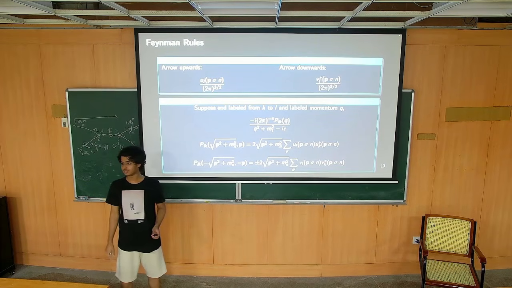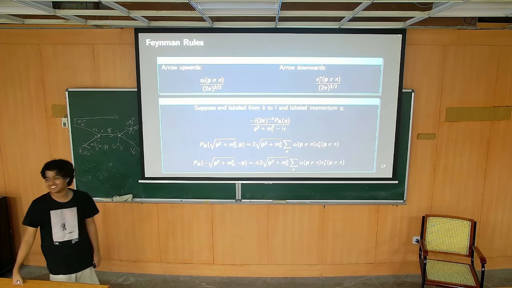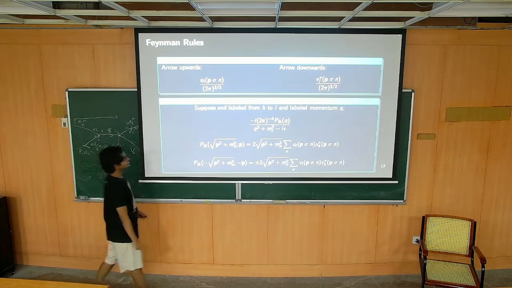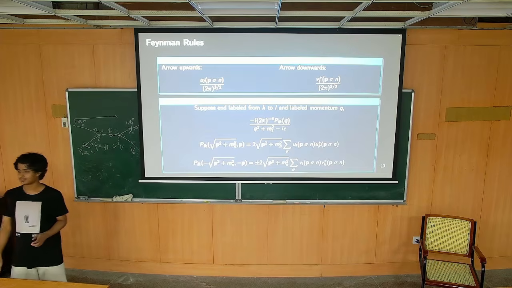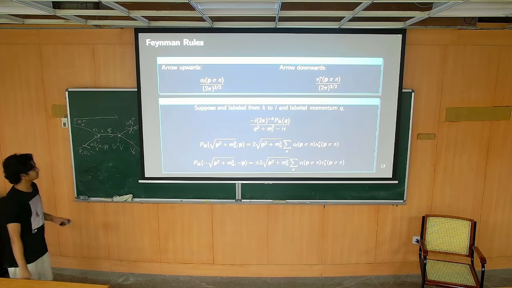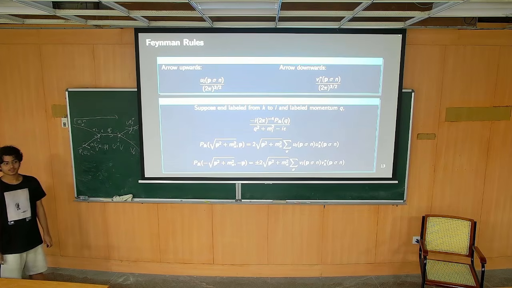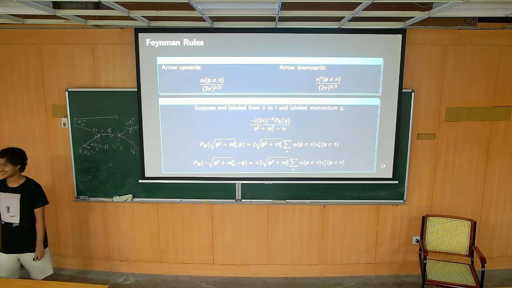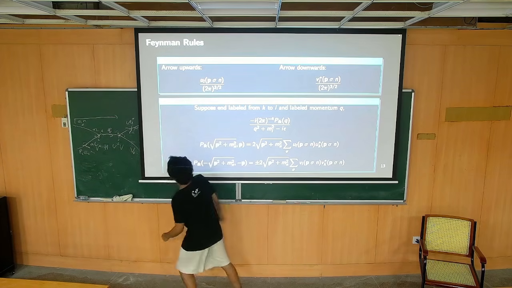Why did you put this? Can you explain a bit? Oh, I don't think I can. Have you seen something called the Feynman propagator? I understand the summation part, you're basically saying you're removing and then you're creating. Yeah, what this shows is what happens inside.